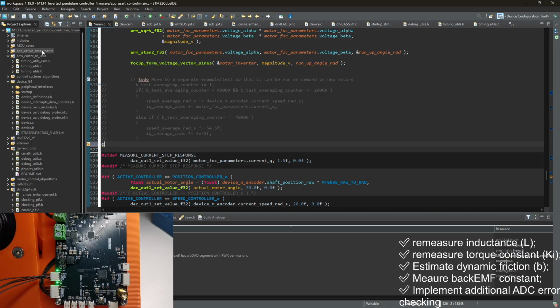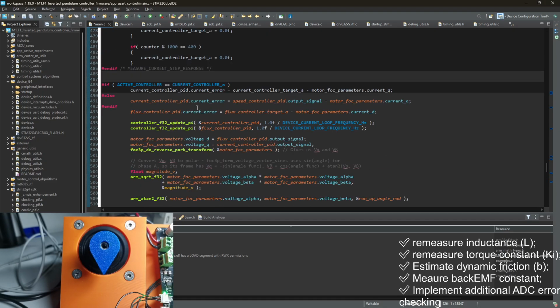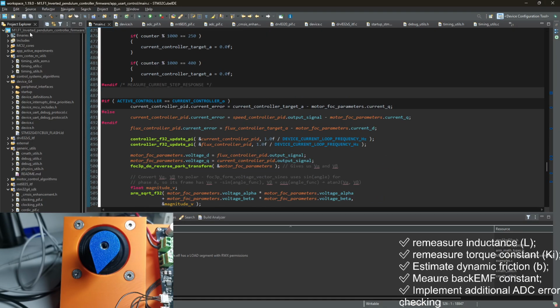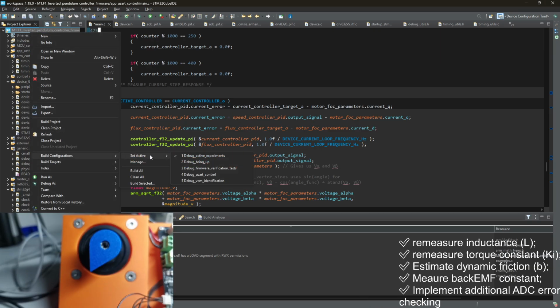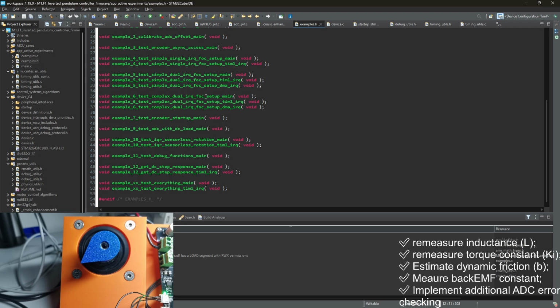So where are we? Let me move my screen and let's get back here with the camera. And this is a wrong letter in the wrong place. We are at active experiments. Here, let's add an experiment, which will be experiment 13.